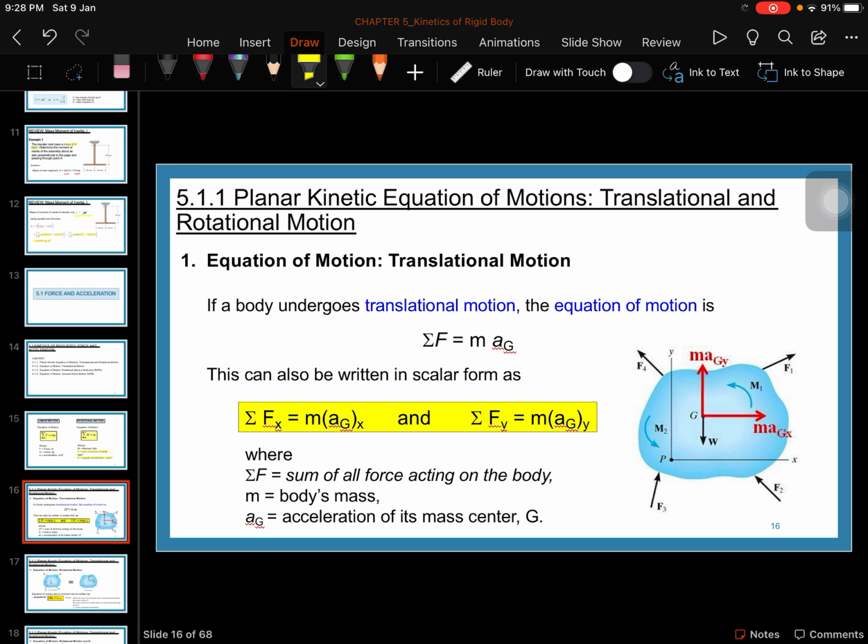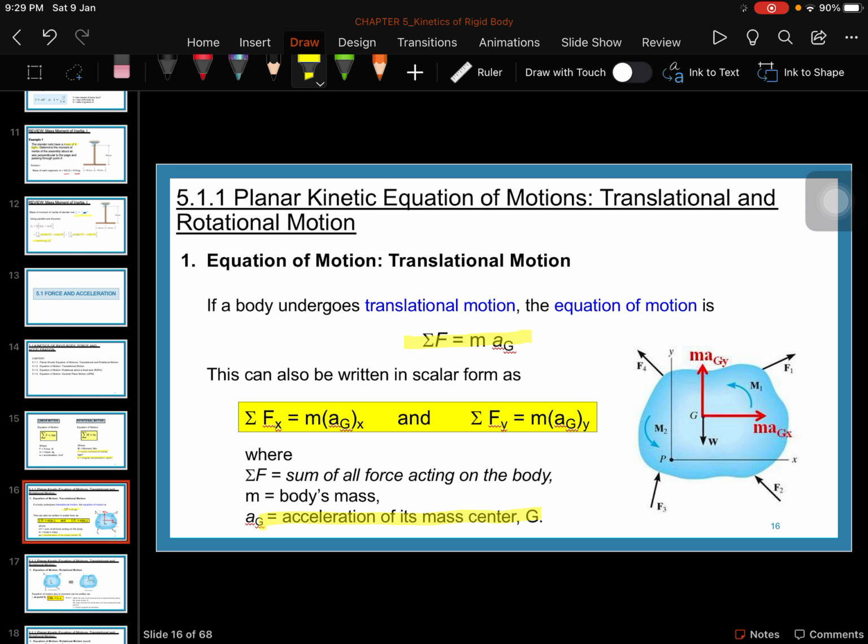If a body undergoes translational motion, the equation of motion is F equal to m aG, where m is the body mass and aG is the acceleration of its mass center at G. This can also be written in scalar form as Fx equal to m aGx and Fy equal to m aGy.